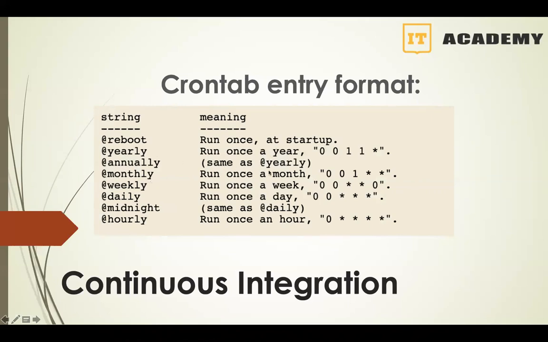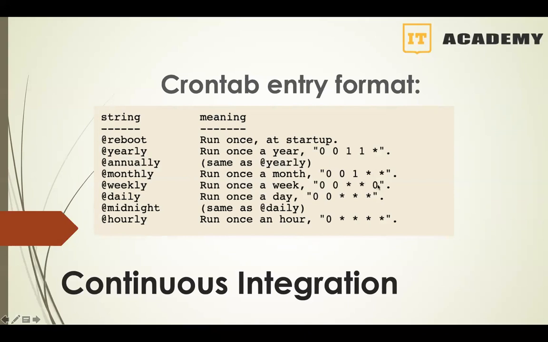Then @monthly, run once a month, so it would be at 0 minutes, 0 hours, 1st day of each month, of each year. @weekly, run once a week, stands for 0 minutes, 0 hours, every month.